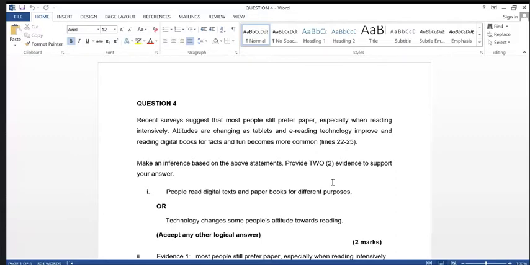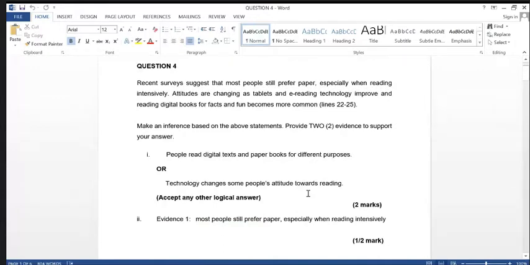So out of 2 marks, we might give 1. You might get 1.5. Okay? Or the worst scenario, I have given half mark for the answer. Okay? But what is good about that, even if you get half mark for your answer, then it allows the examiner to consider your evidence 1 and evidence 2.